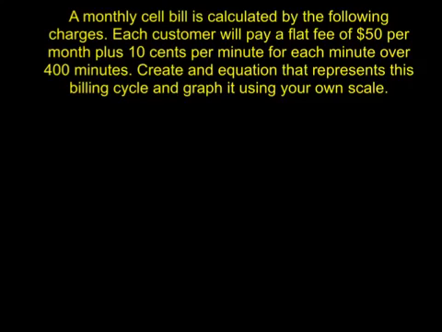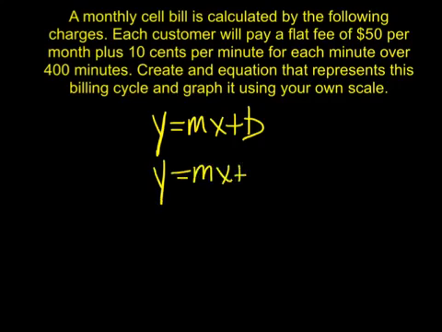Create the equation for this. Make sure you express it in simplest form. You have to start with y equals mx plus b. What goes in the b spot? Yeah, 50. So we have to have a 50 over here because that's the minimum amount.